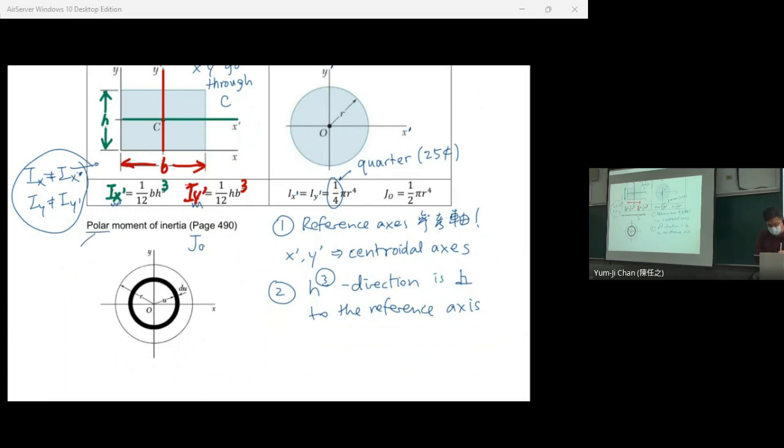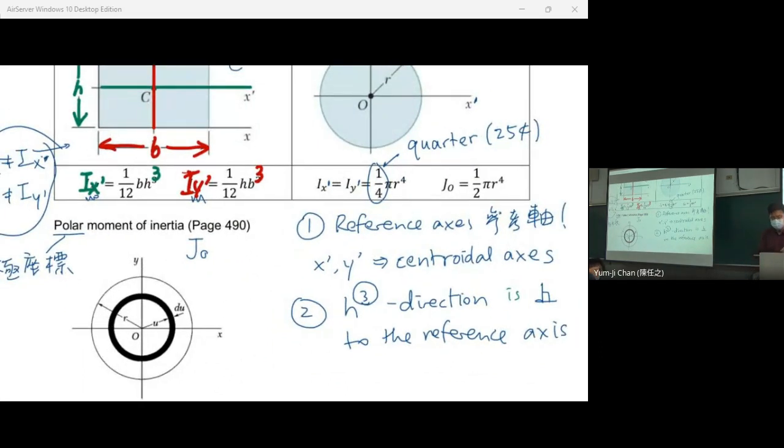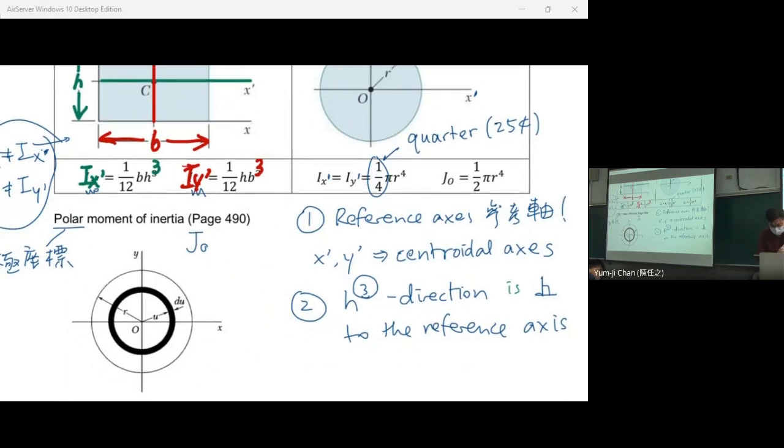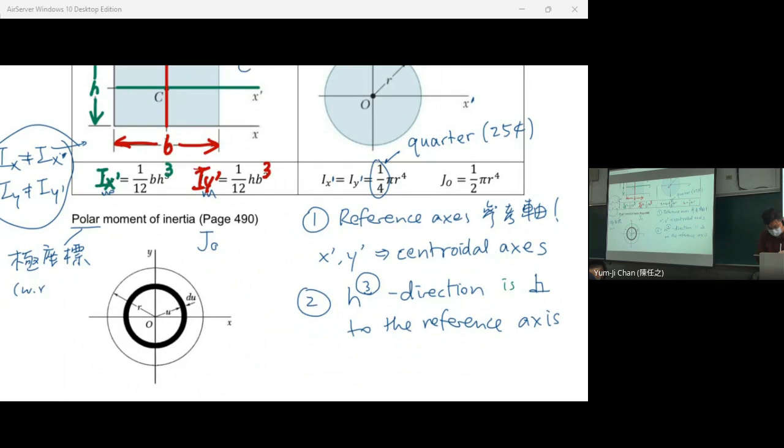Polar means polar coordinates. The polar moment of inertia is with respect to a point, because Ix prime and Iy prime are with respect to an axis, but the polar moment of inertia is with respect to a point.